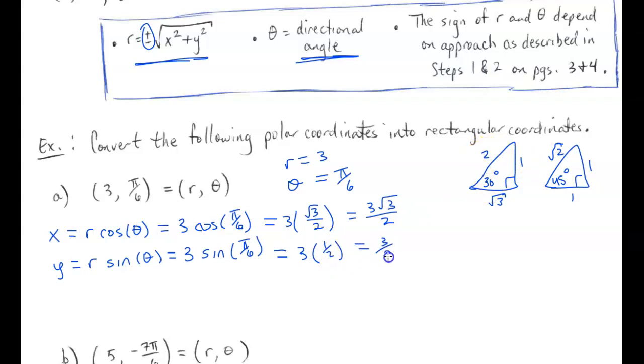So that's just 3/2. So therefore, our rectangular coordinate here is just going to be x coordinate 3 square root of 3 over 2, y coordinate 3/2. And so as you can see, that's relatively straightforward based upon the information that was given.